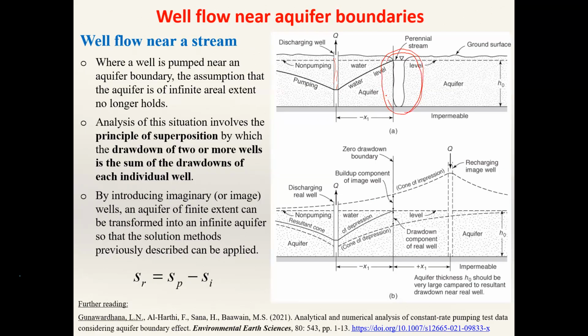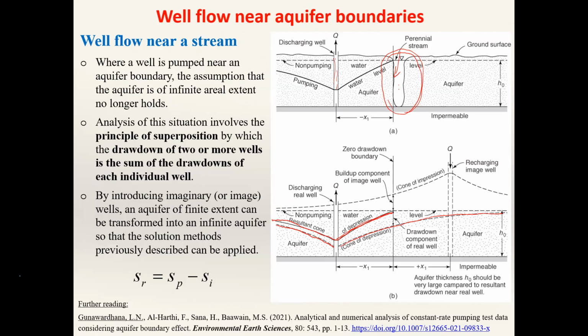What is it? This is a river. If this river is not here, the drawdown that we expect is something like this. But because the river adds water into the aquifer, the drawdown that we get is like this. Now you see, there is a very clear difference between these two.